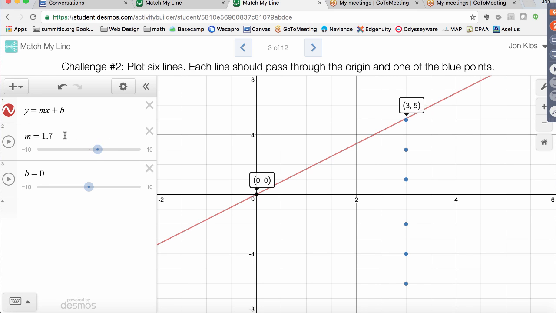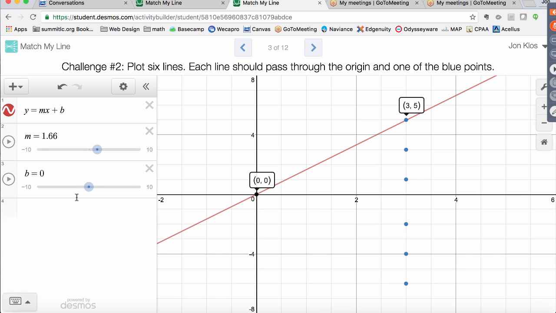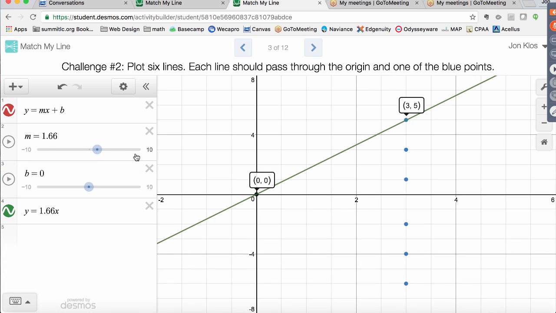It's not quite there, is it? Let's make m 1.66, right around, kind of right there, huh? All right, so one of the equations is y equals 1.66x plus 0. So I'll leave it like that.